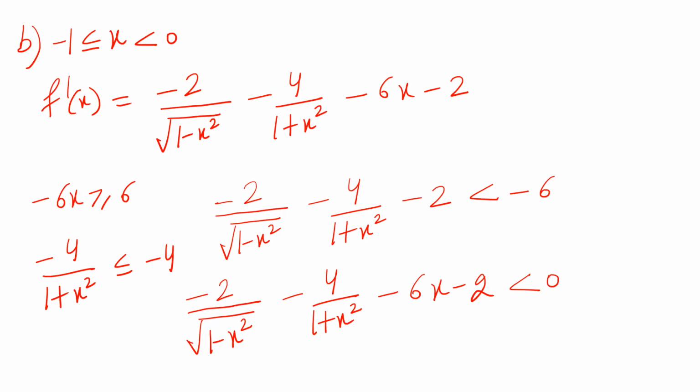Why? Because this quantity now becomes the sum of two numbers, out of which one is at least 6 and another is smaller than minus 6. So obviously their sum is negative. So we conclude that f dash x is negative in the second subinterval as well.